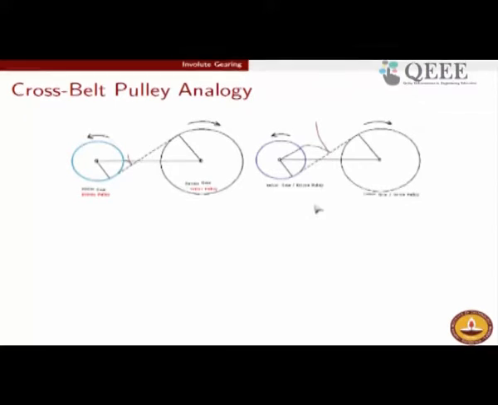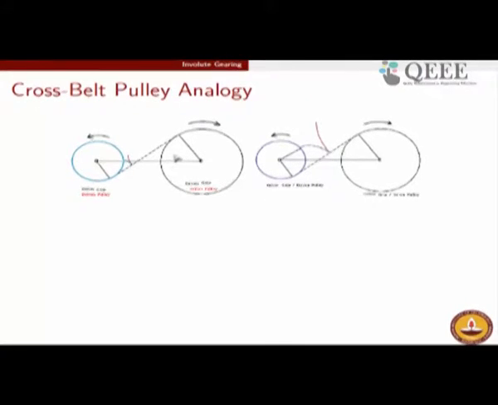Now to re-establish the point that involute tooth profiles actually satisfy the fundamental law of gearing, as I said, I will use a different proof, not relying on this experimental model, and that proof is based on what is called the cross belt pulley analogy. The cross belt pulley analogy goes in the following fashion.